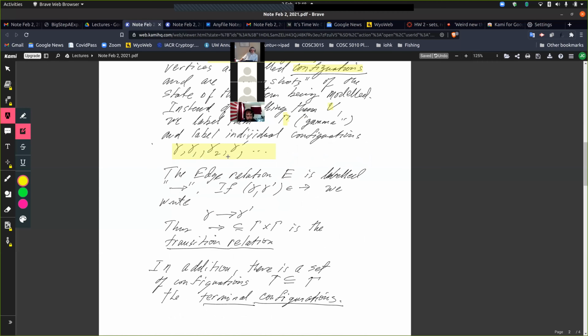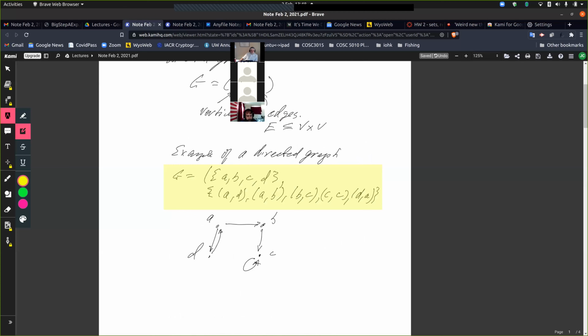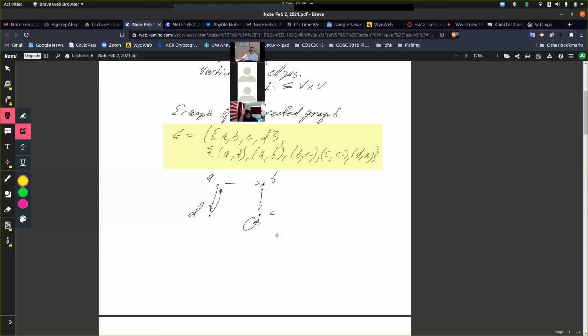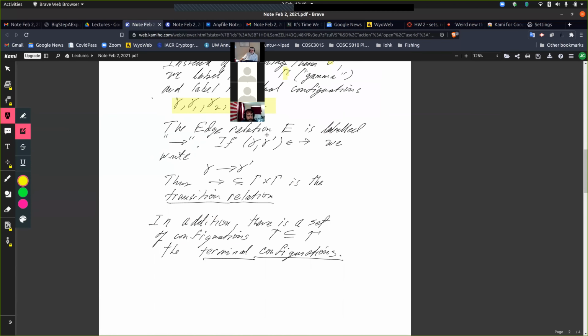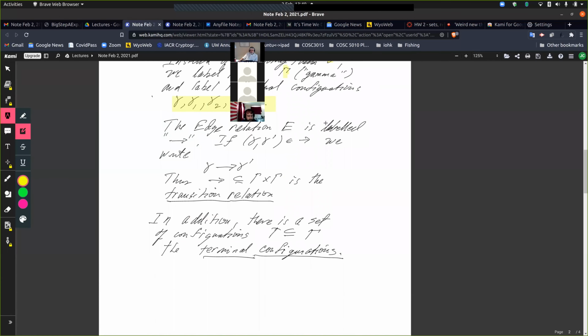Now, if we go back here, you can see that E is a subset of V cross V. So E is a relation on vertices. The edge relation E in this case is labeled by arrow. This can be a little bit confusing.